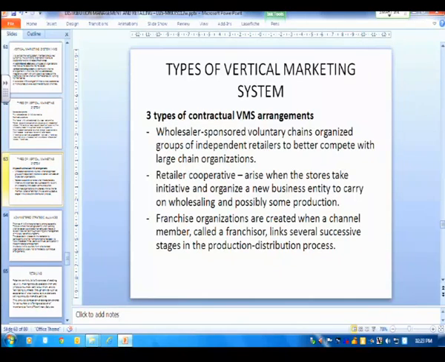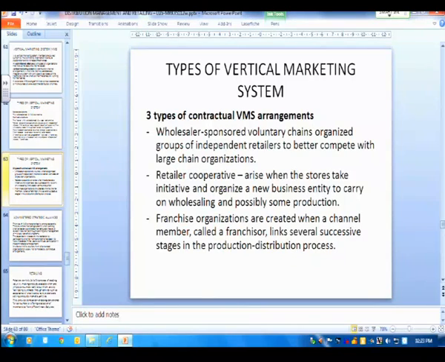Three types of contractual VMS arrangements. One, wholesaler-sponsored voluntary chains organized by groups of independent retailers to better compete with large chain organizations.